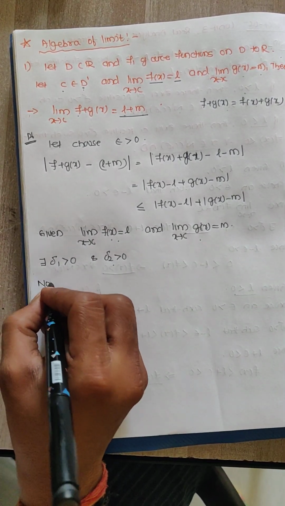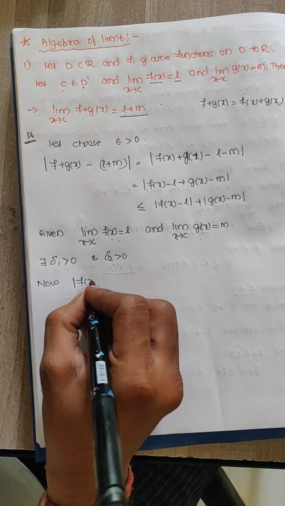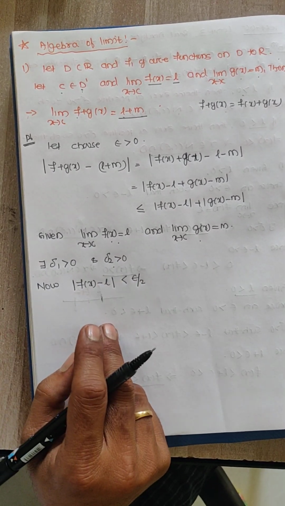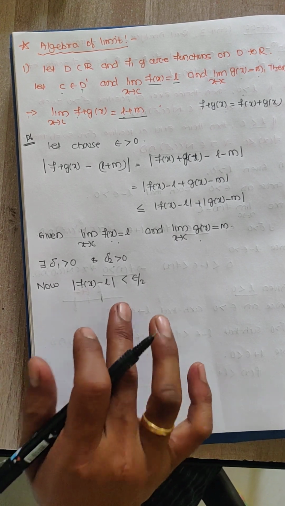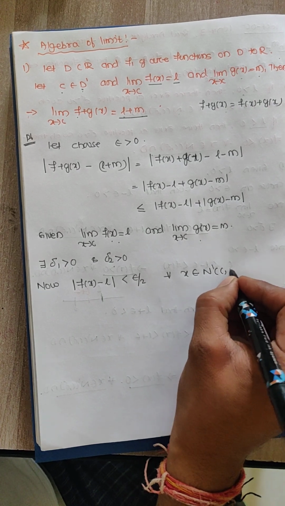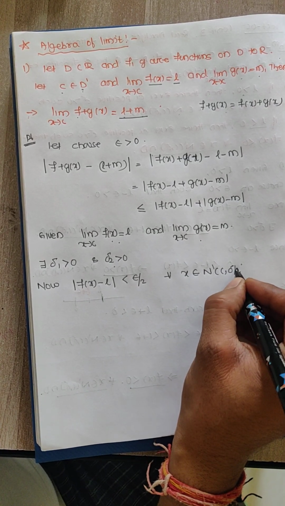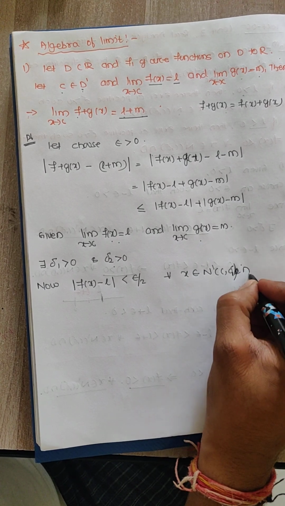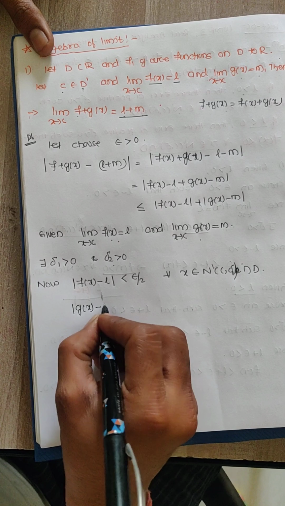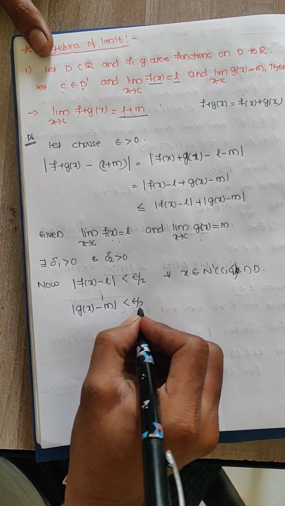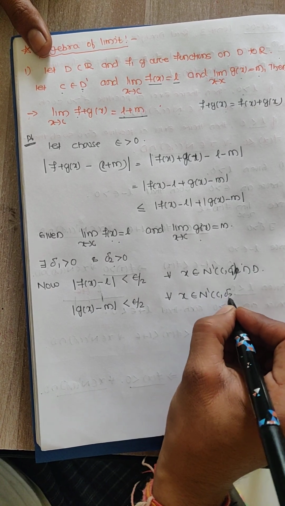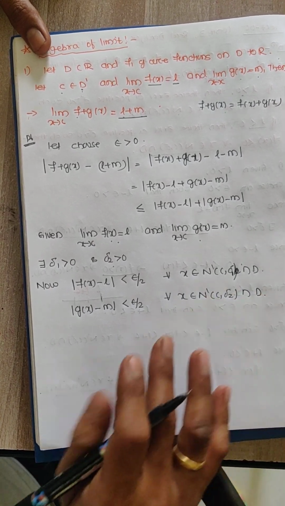Now what happened is that mod of f(x) minus L is less than epsilon by 2 for all x belonging to the deleted neighborhood of C of radius delta 1 intersection with D, and similarly we have mod of g(x) minus M is less than epsilon by 2 for all x belonging to the deleted neighborhood of C of radius delta 2 intersection with D.